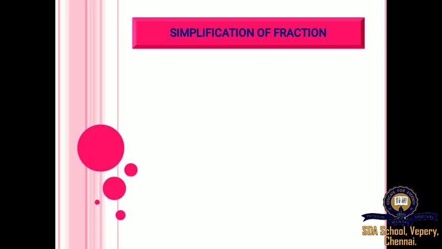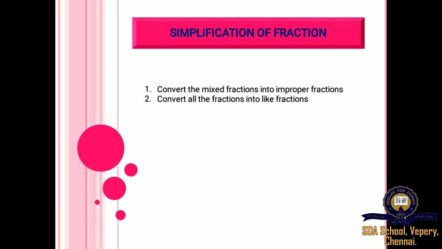Simplification of fractions. So first, we need to convert the mixed fractions into improper fractions. Next, we need to convert all the fractions into like fractions. Third step, simplify the numerators of the fractions thus obtained.